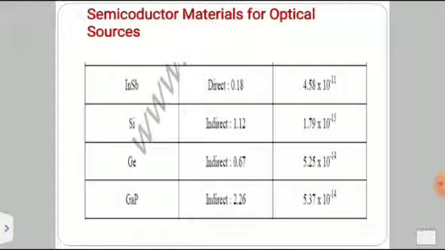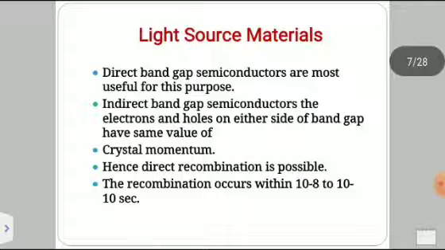Then another elemental semiconductor, germanium, has an indirect band gap energy of 0.67, and a recombination rate of 5.25 into 10 to the power of minus 14. And one more, a compound material, gallium phosphide, has an indirect band gap energy of 2.26, and a recombination rate of 5.37 into 10 to the power of minus 14.